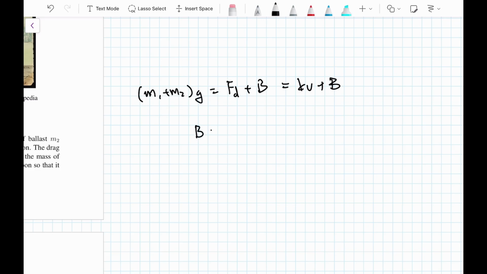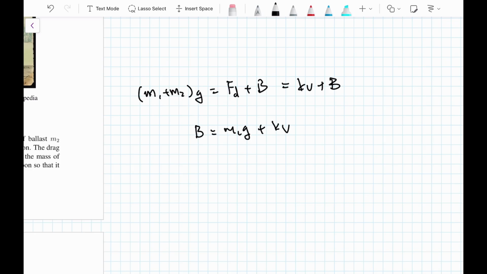B should be equal to the weight, m1 plus m2 g, and then plus the new drag force. No, actually, m2 is ejected, so therefore it's just m1 g plus kv.